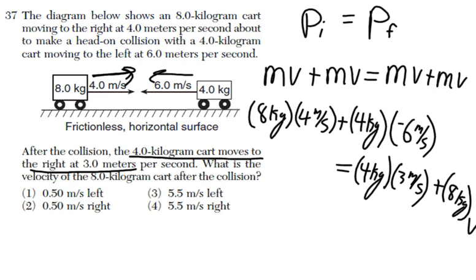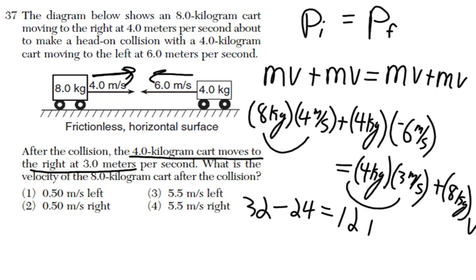8 times 4 gives me 32, minus 4 times 6 is 24, equals 4 times 3, which gives me 12, plus 8v. Notice a lot less clutter once we drop the units. 32 minus 24 gives us 8 equals 12 plus 8v.